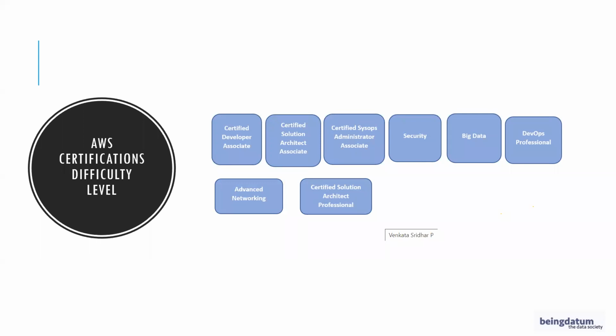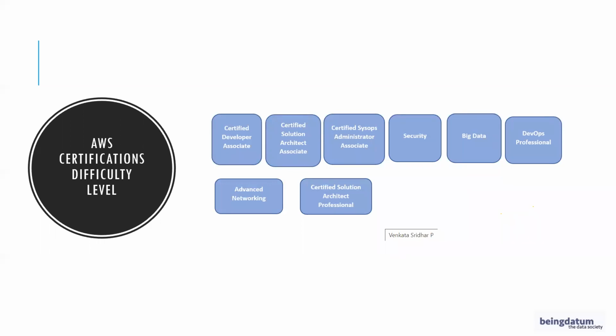Now, all the questions in the exam are scenario based only. You will get a particular scenario, and based on that scenario, you have to choose the answer that suits best. And the good thing is that there is no negative marking, so you can always use a trial and error mechanism.